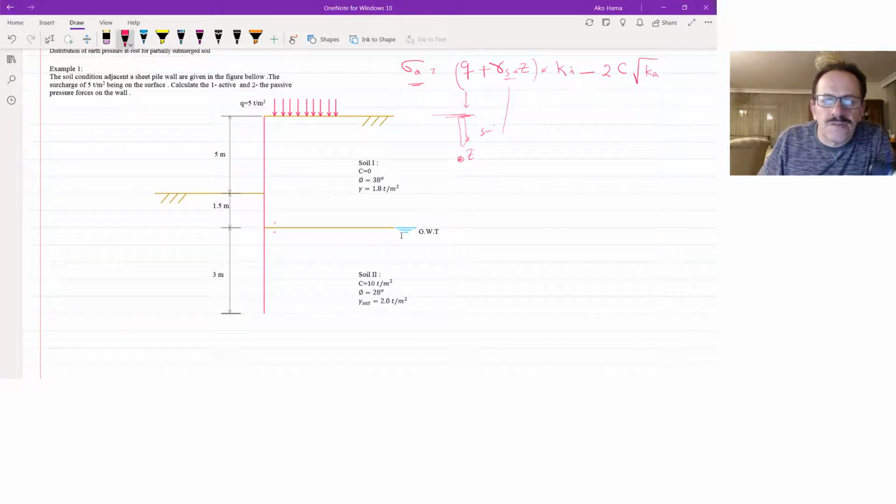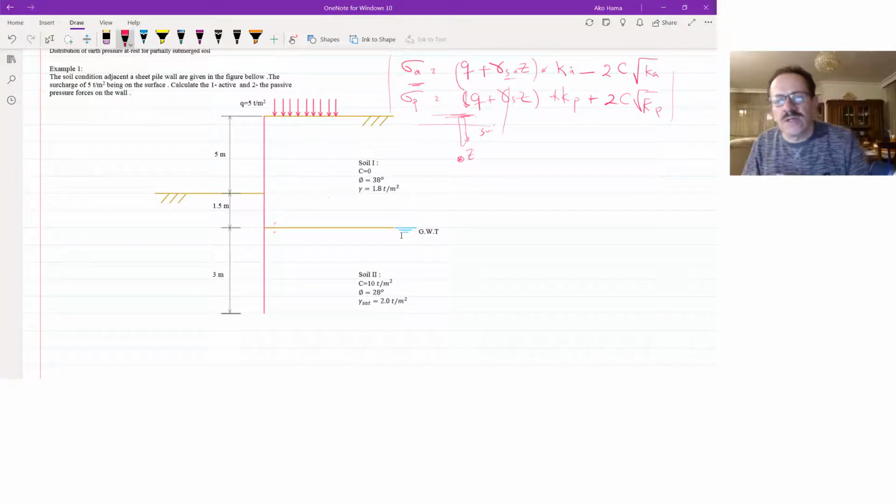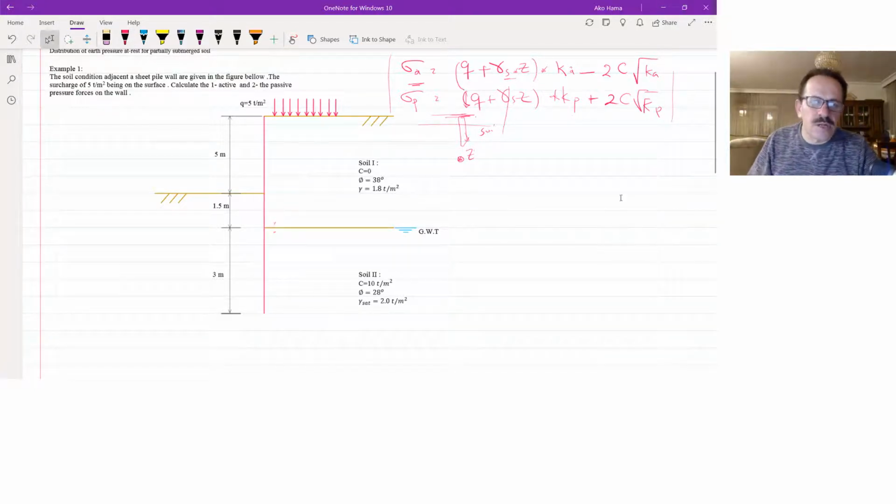Okay, this is for active, and for the passive I will calculate the same way but a little bit different. Here we have to add, not subtract, the 2C root Kp. So we are using these two equations in finding the pressure at any point.